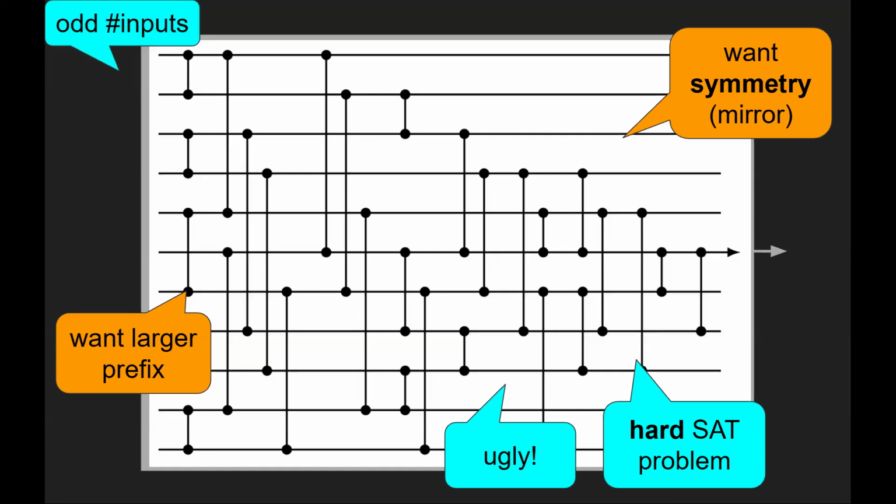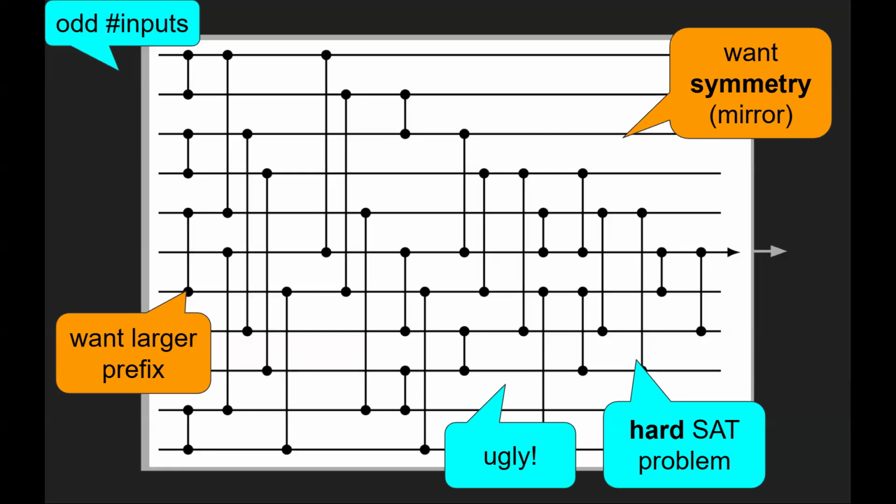But it's impossible to have a symmetric network when you have comparators, because one comparator compares two wires. And if you have enough wires, in every layer there must be at least one wire that's not touched. So which wire does it need to be for the network to be symmetric? Well, the only way you can have a symmetric network is if you never touch the middle wire.